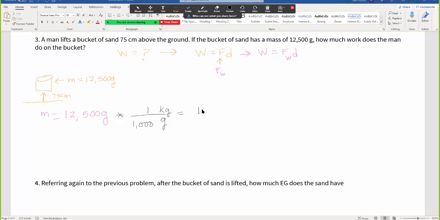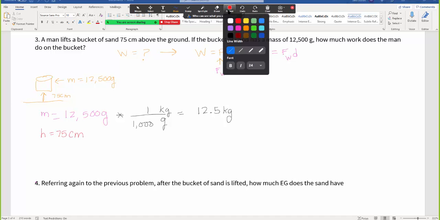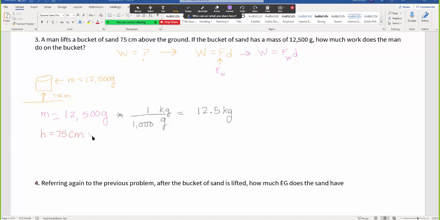So this is equal to 12.5 kilograms. All right, and we also were given that the height is going to be 75 centimeters, but we need to change that to meters. So there's 100 centimeters in 1 meter. So 75 divided by 100, that's going to be 0.75 meters.